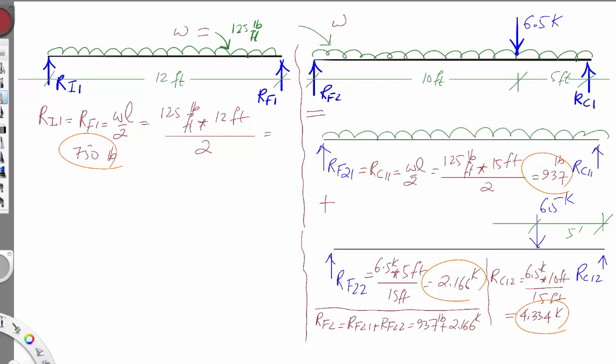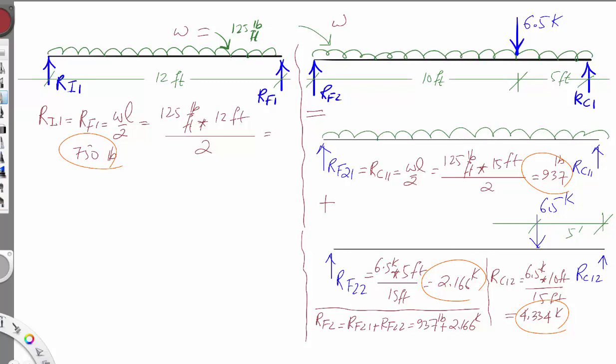So be careful, these are two different units, so we need to convert the pounds to kips by dividing by 1000, or the other way around. You can multiply the 2.166 by 1000, which comes to 2166.